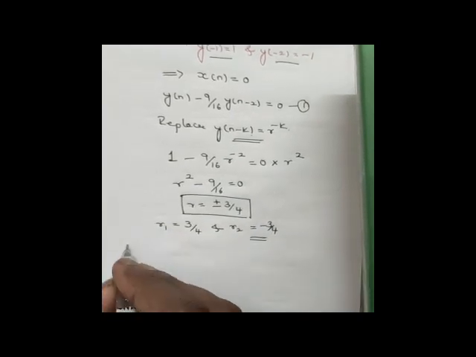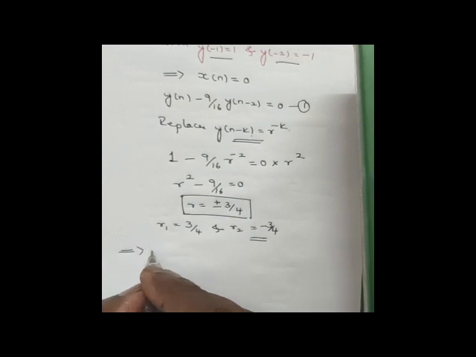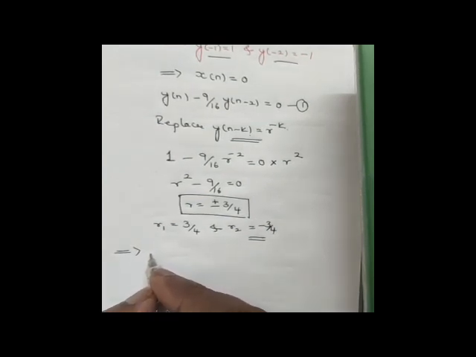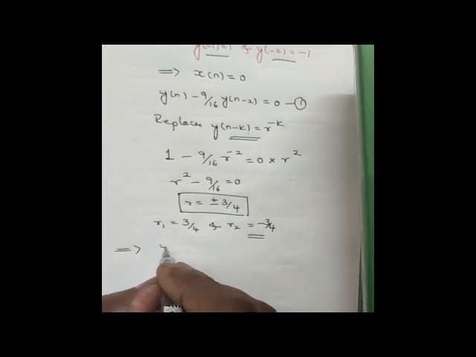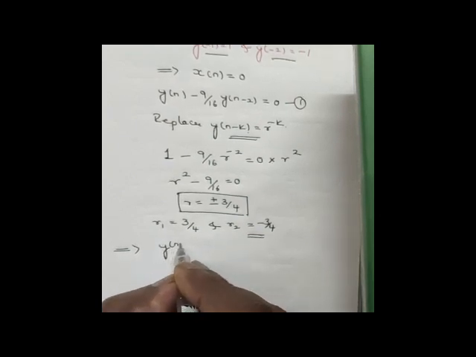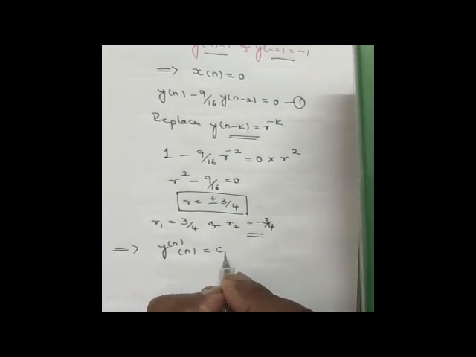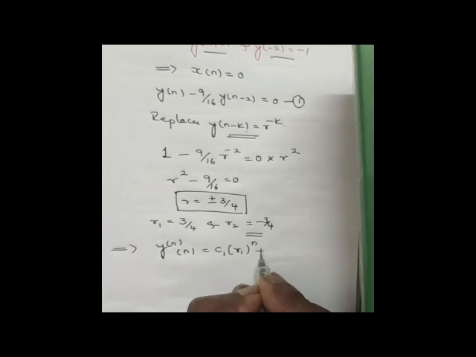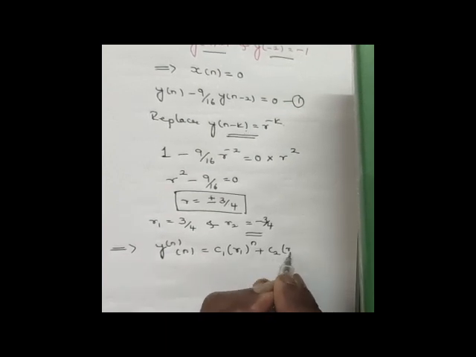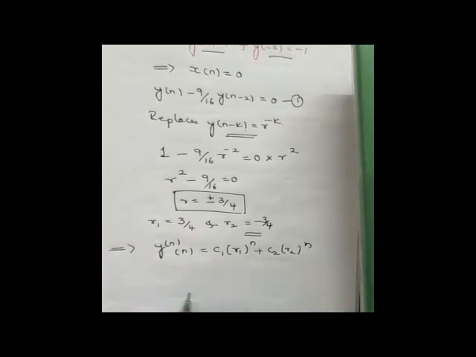Next, you have a natural response equation for real and non-repeated roots. Now this is a real and non-repeated root. So for this, the natural response y of n is c1 r1 to the power of n plus c2 r2 to the power of n.